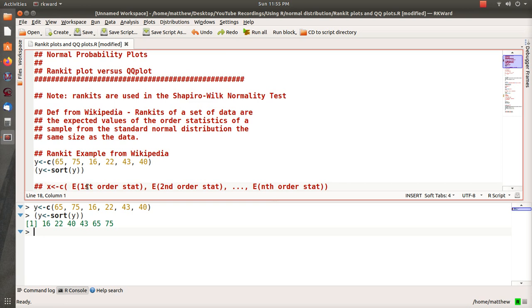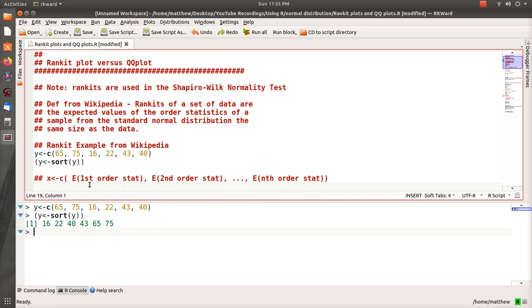And the x's is going to be a vector where the first component represents the mean of the first order statistic, assuming that our data follows a standard normal distribution. And the second component in our vector, which corresponds to this number 22, is going to be the mean of the second order statistic from a sample of size 6 from a standard normal distribution, and so on.